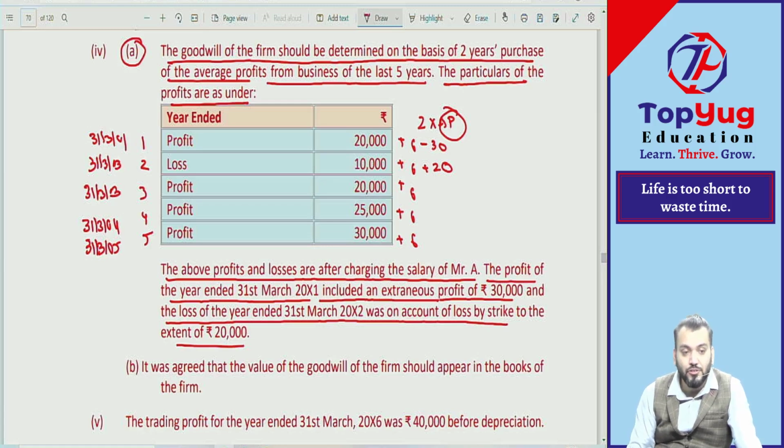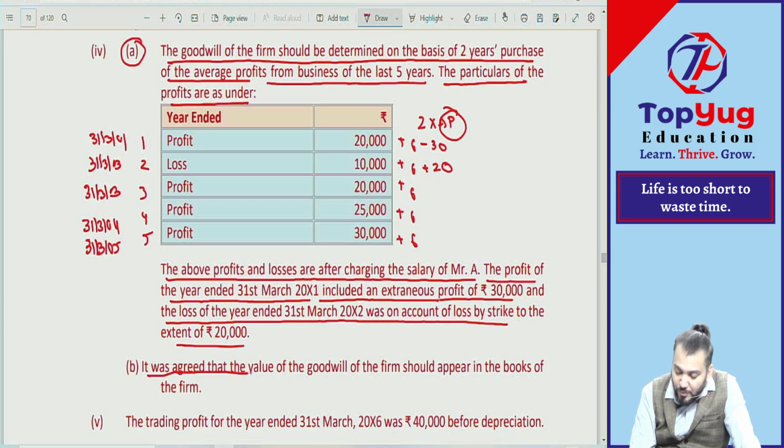Understood how to read the question. There is a way, and in the exam you should also do it this way, because once you read you will forget. Just write down plus 6 plus 6 plus 6 minus 30 plus 20, so when you are doing the calculation you will identify the 6 is for salary. You can save your time like this.